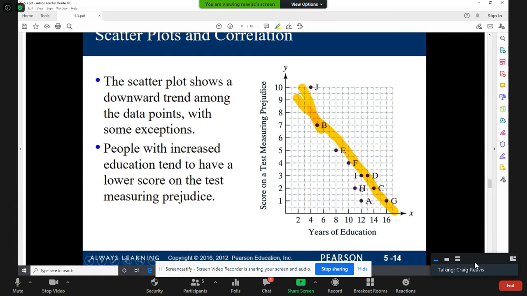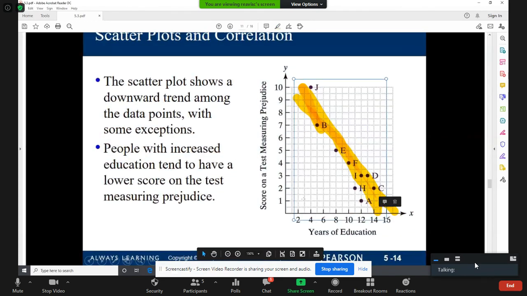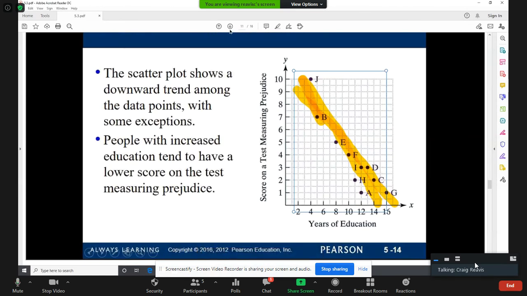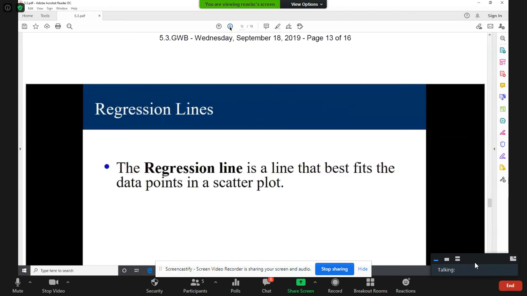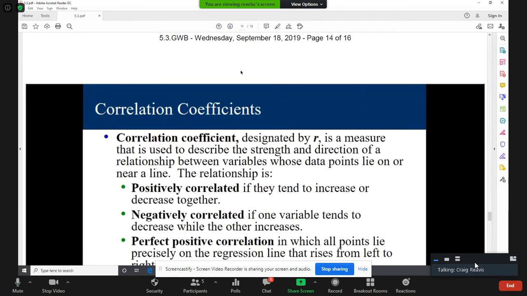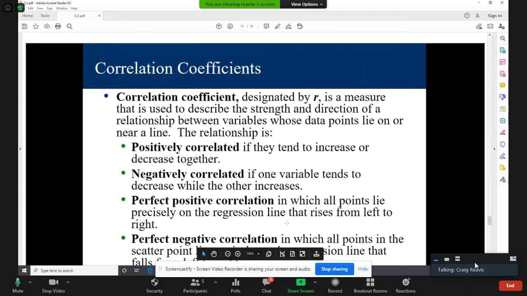I can't draw straight on this with this mouse, but a little more like that is how it should have looked. Anyway, that's a line of best fit, a regression line.